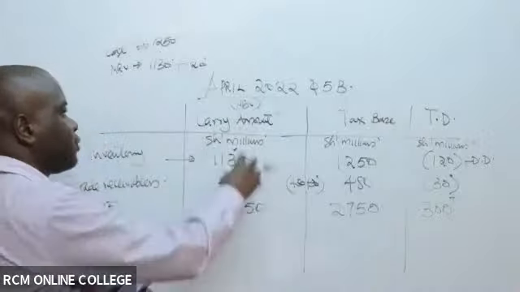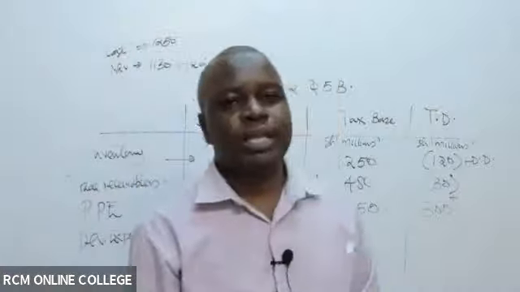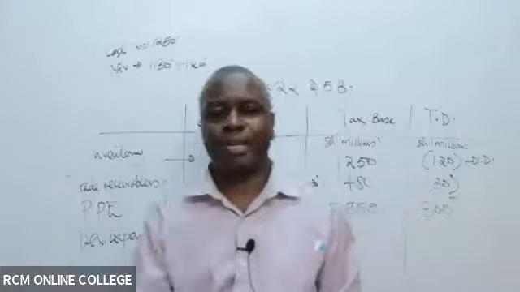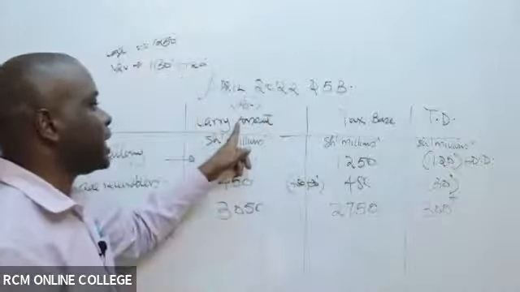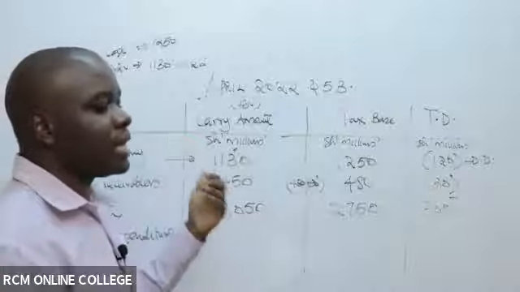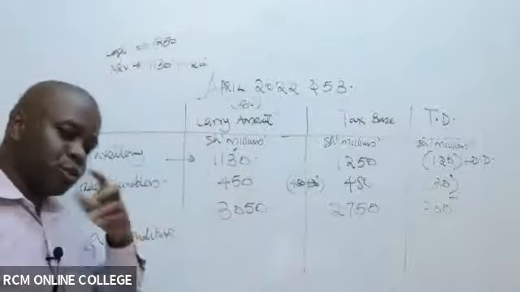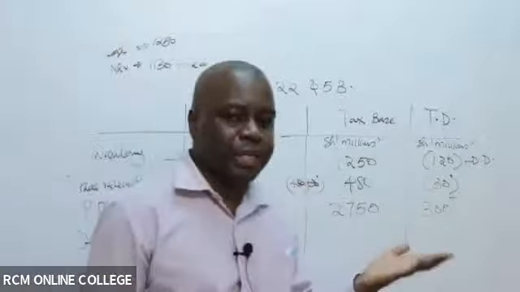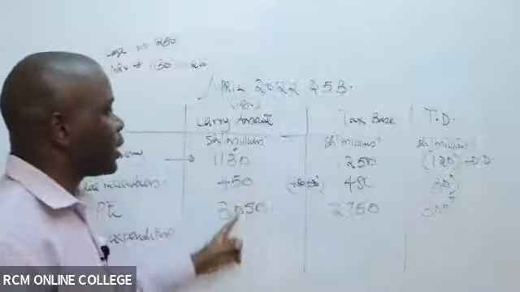For example, as an accountant, when you're getting the value of an asset, you normally take the cost of the asset minus depreciation, so that you get the carrying amount, sometimes referred to as the net book value. That's what you normally do in your financial accounting when you are preparing.